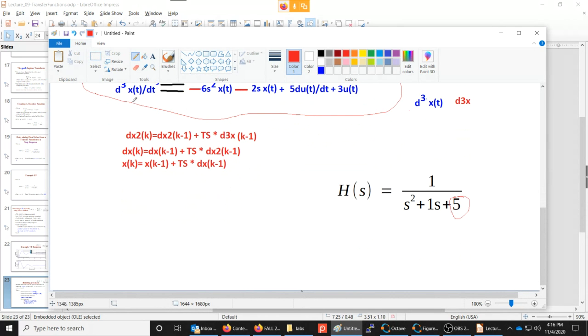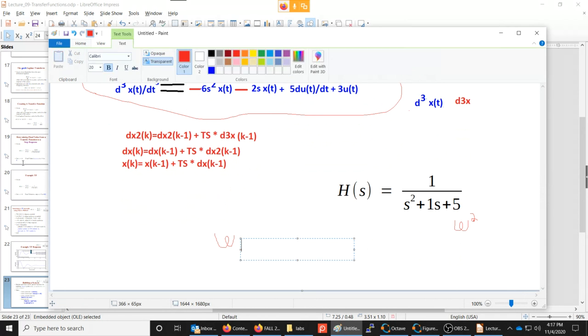All right, and so basically, this term here is also known as omega squared, where omega is the natural frequency of the system.